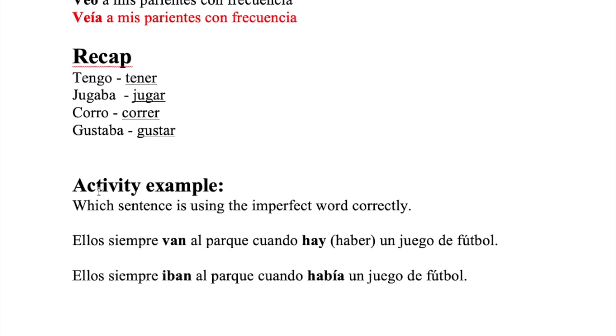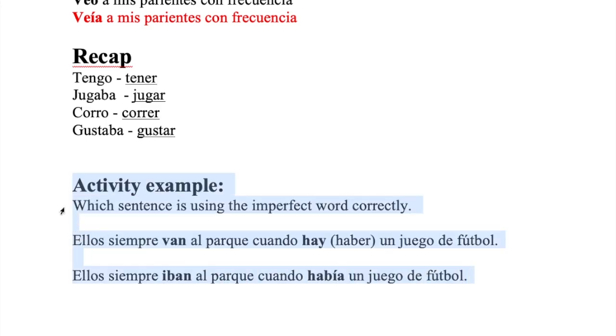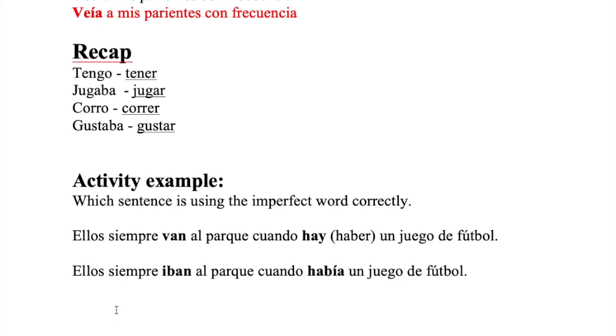So this is an example of one of the questions in your worksheet. Which sentence is using the imperfect word correctly? I don't have all the options here, but you're going to see a sentence like this. Ellos siempre van al parque cuando hay un juego de fútbol. Okay, so the word van is highlighted.